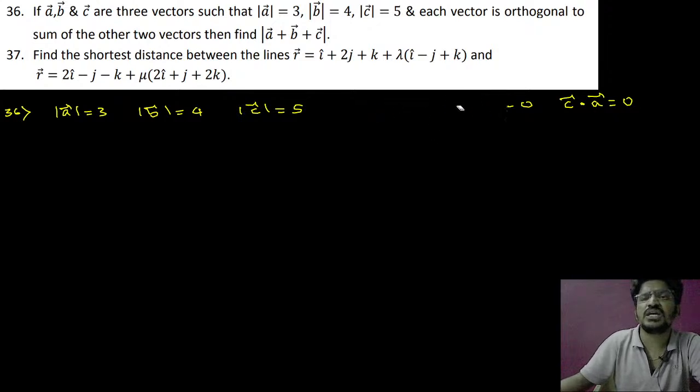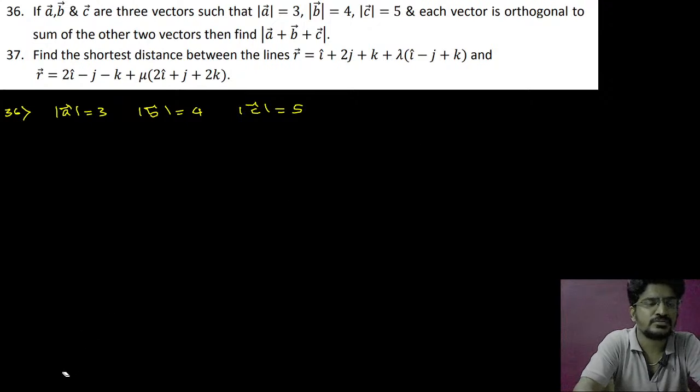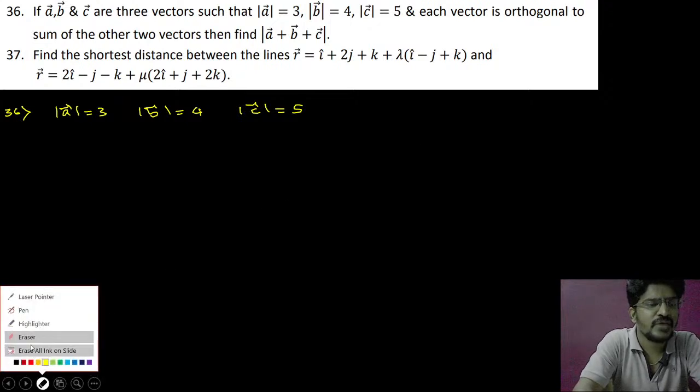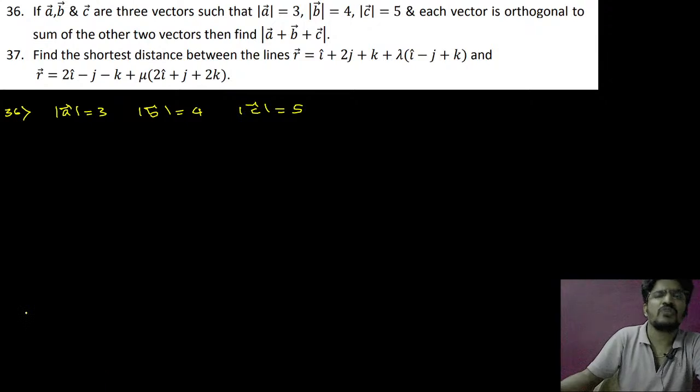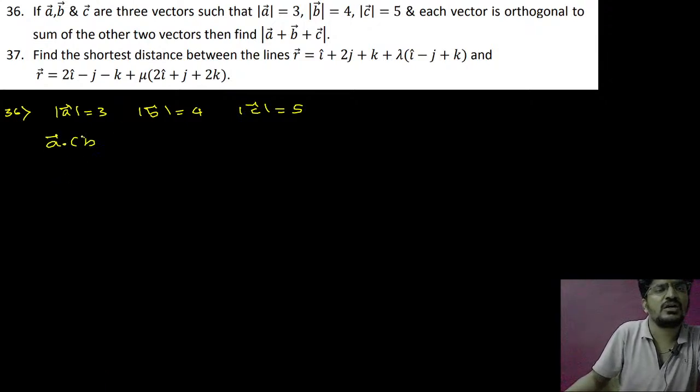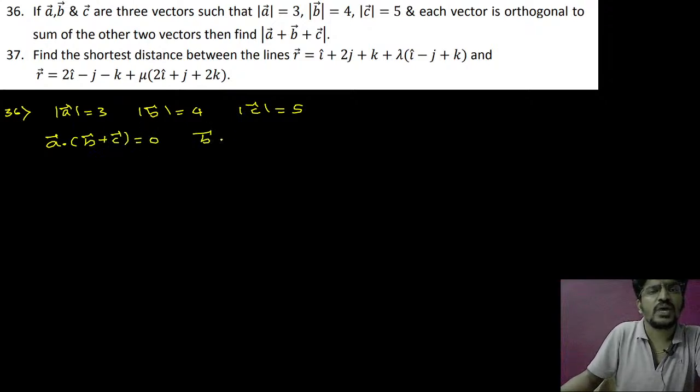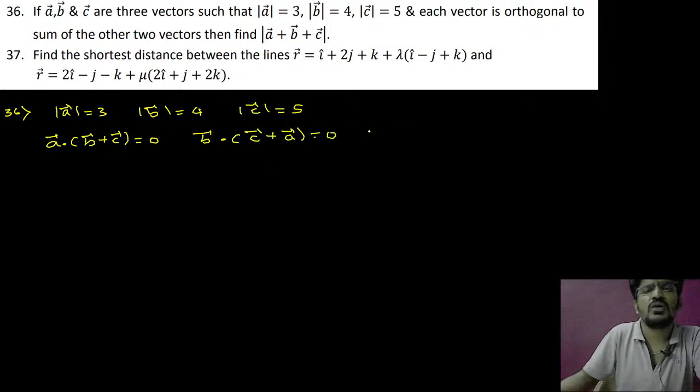One of the vector is orthogonal to sum of the other two vectors means it will be like vector a dot vector b plus vector c equal to 0, vector b dot vector c plus vector a equal to 0, vector c dot vector a plus vector b equal to 0.